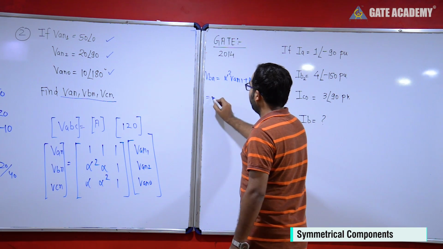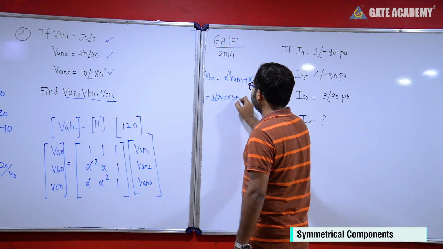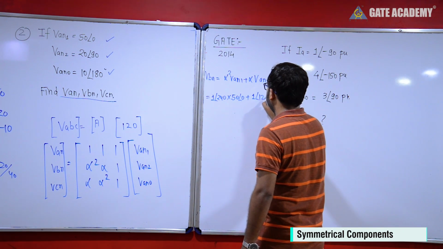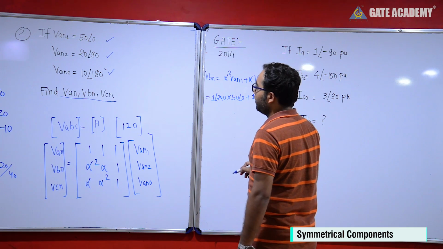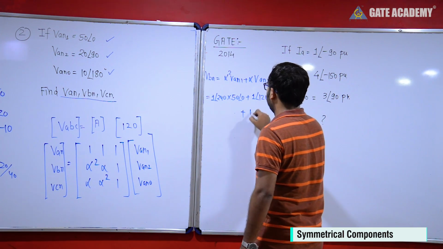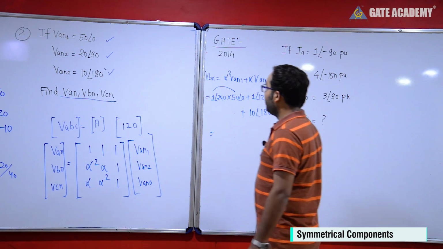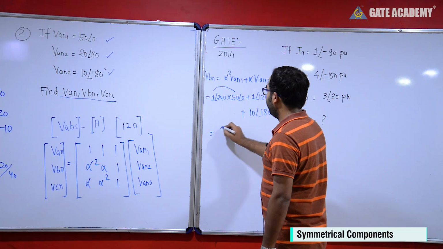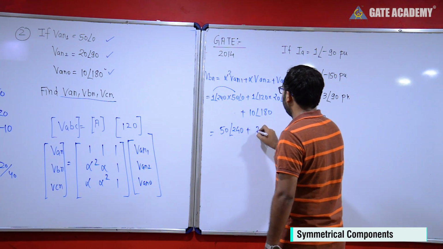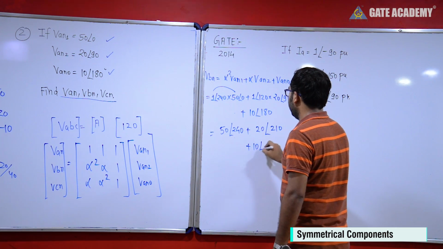So if we take 1 at an angle 240, it is equal to 50 at an angle 0, plus 1 at an angle 120, VAN2 the value is 20 at an angle 90, plus VAN0, so 10 at an angle 180. So we have seen how to find this: 50 into 1, 50 at an angle of 240, plus 20 into 1, it's okay, it will be at 210. This is equal to 10 at an angle 180.